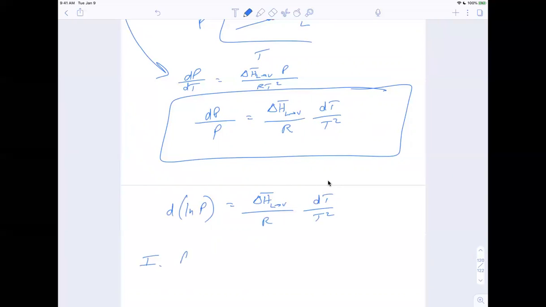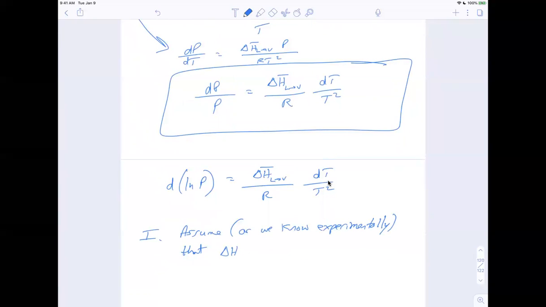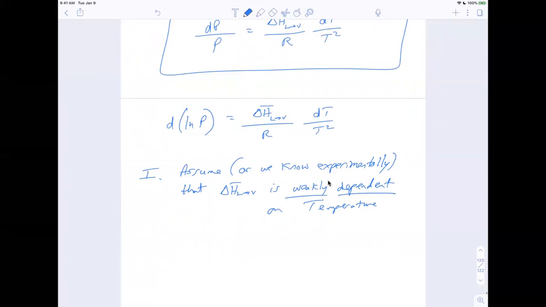If we assume, or we know experimentally, from experimental measurements, that delta H for this transition is, here it comes again, weakly dependent on temperature, right? We can say that delta H is going to be a constant. We can take that to be a constant if we assume this.